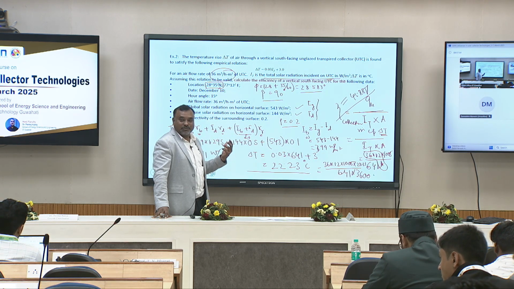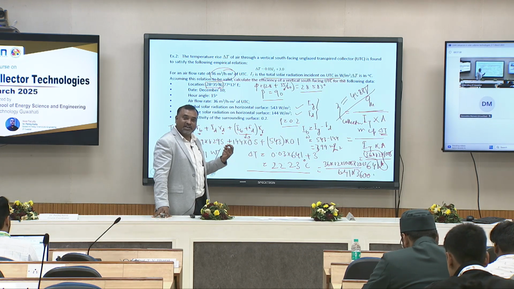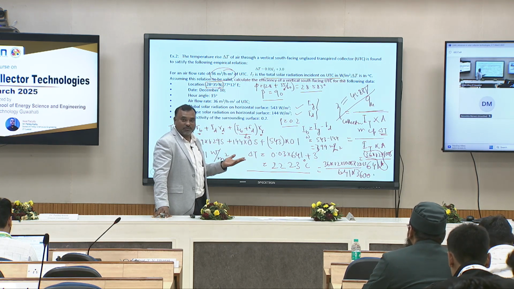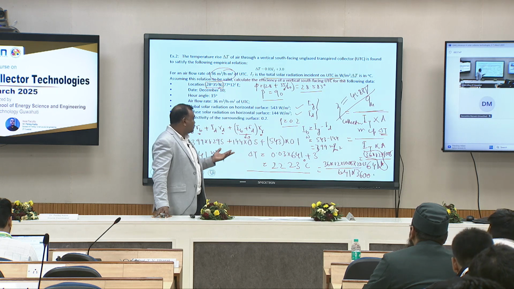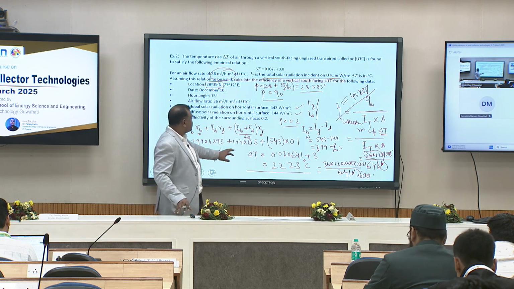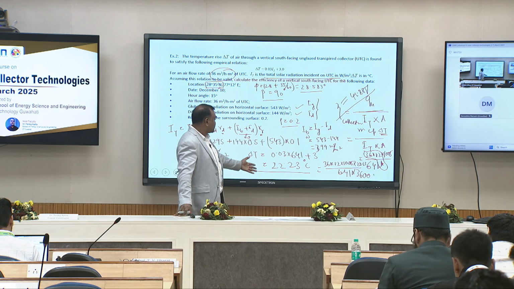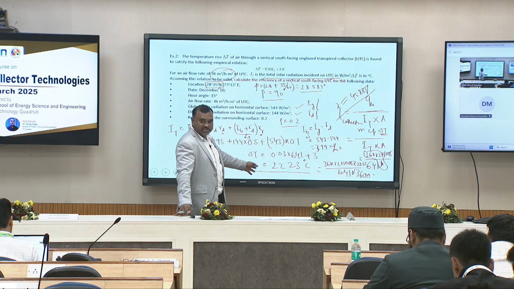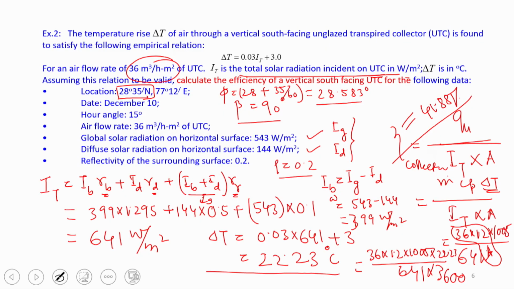Because we know normal radiation, we know diffuse radiation, also we know the total radiation falling on the collector. So that expression we know, and the individual calculations we know. From that we can find an expression for delta T, and of course it is justified, and we also know the expression for collection efficiency.